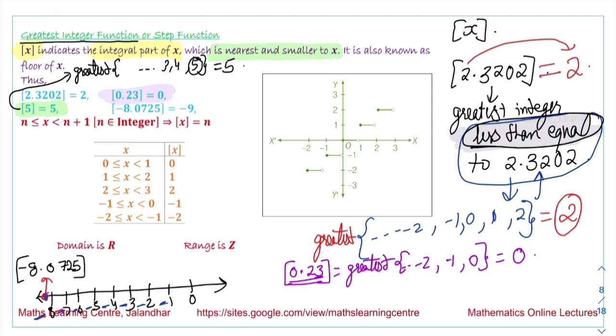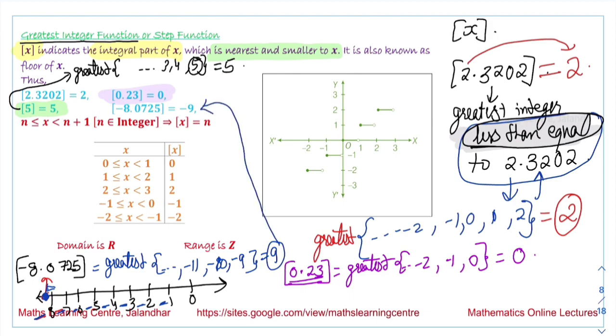This number is a negative number, lying somewhere over here. So we are talking about the greatest of the integers which are less than this. The integers that are less than this are minus 9, then minus 10, minus 11 and so on, and the greatest of all these values is equal to minus 9.